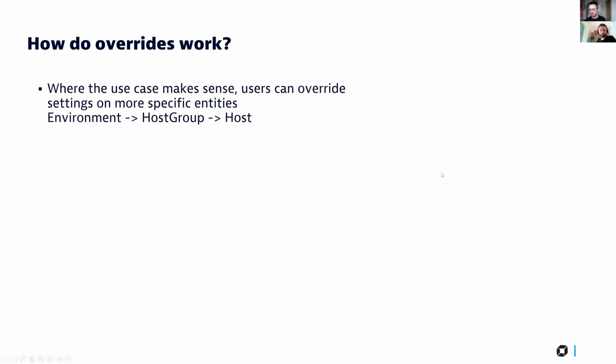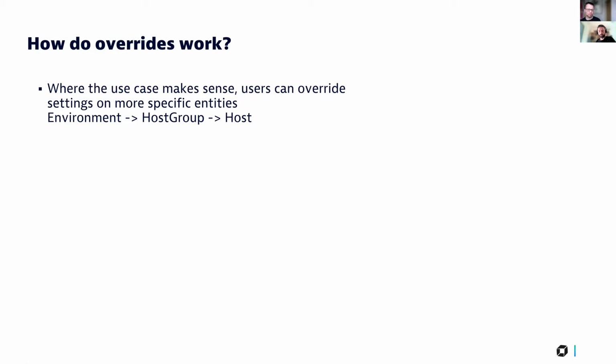As mentioned before, one key point is that we allow overrides for these settings. This makes sense for specific settings, so not all settings have these different scopes. But for some, especially for the process group settings, but also for the OneAgent settings, it can make sense to have locally a different setting than globally.